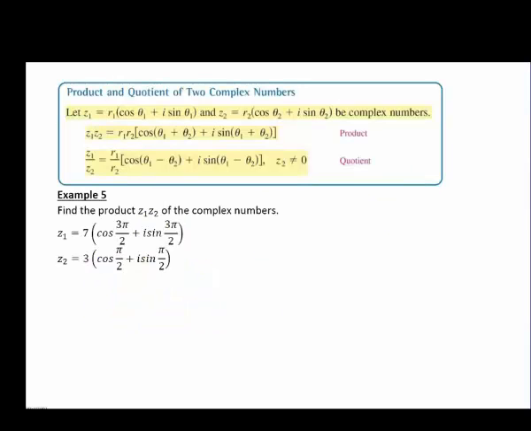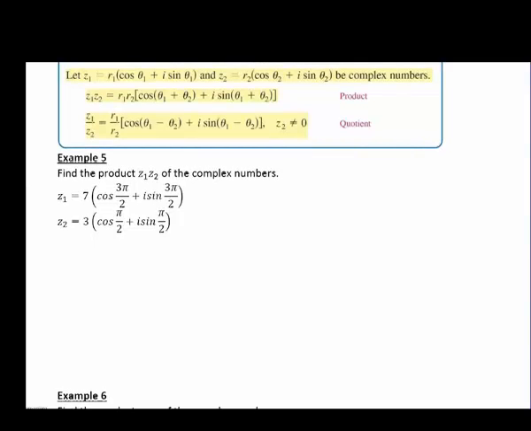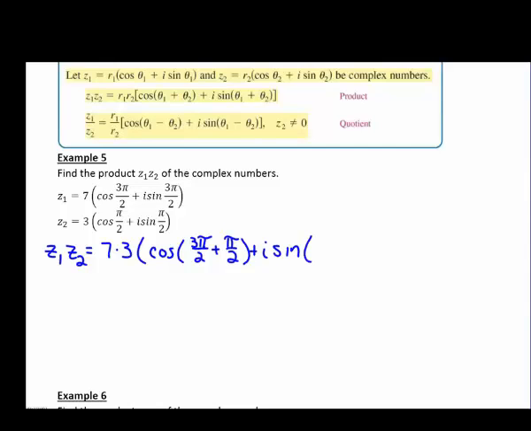All right, so now we can take a look at the product and the quotient of two complex numbers. And so we have this formula that we can use to make it a little bit easier. So we're going to find the product. So the product of z sub 1 and z sub 2 is r sub 1, which was 7, times r sub 2, which is 3, times the cosine of the sum of the angles, so that's 3 pi over 2 plus pi over 2, plus i times the sine of the sum of those angles.